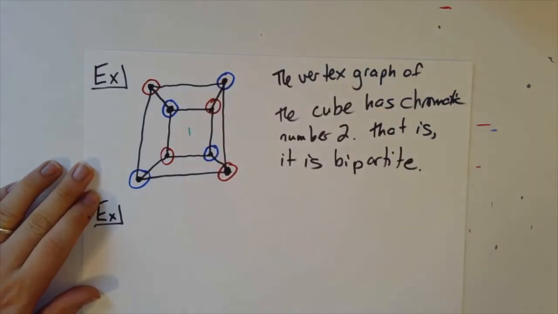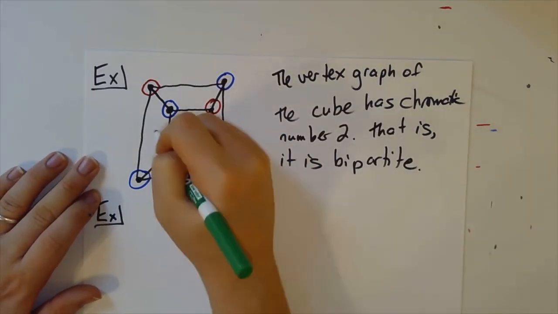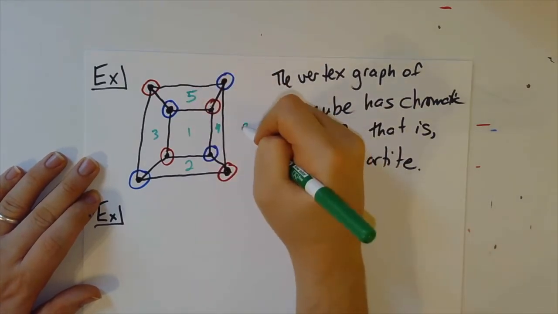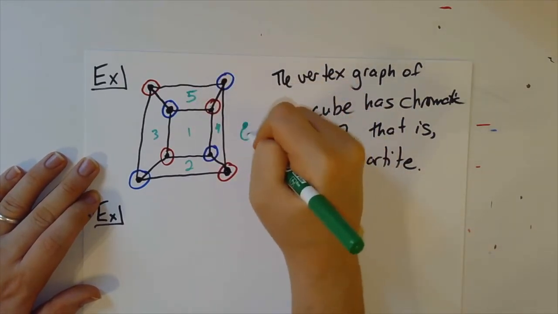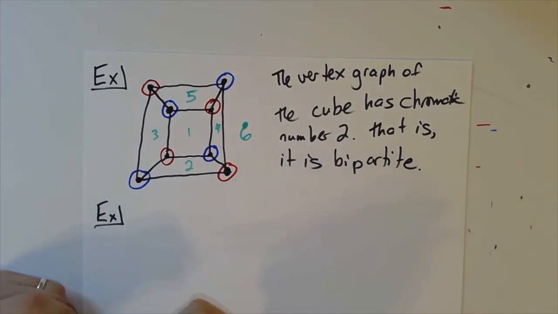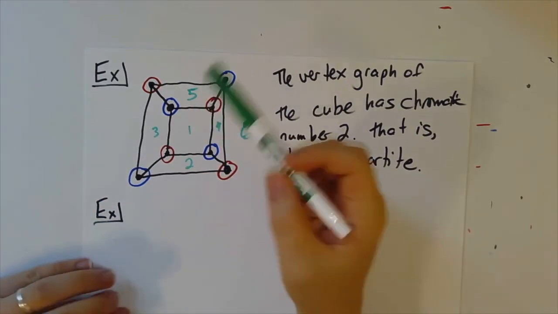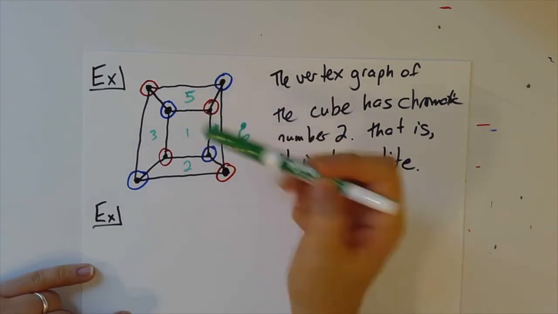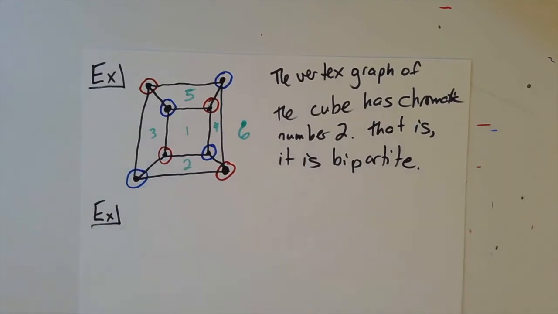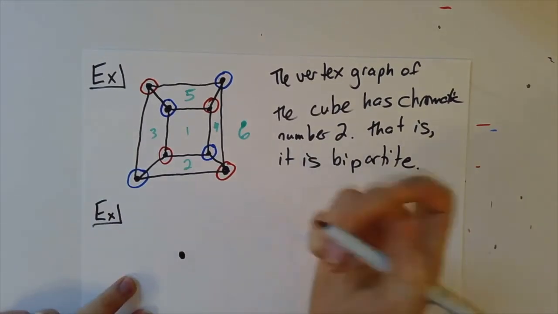So I'll call this 1, 2, 3, 4, 5, and then let's not forget that the outside is one of our 6 faces of the cube. And so what I'm saying here is 1 is adjacent to 5 and to 3 and to 4 and to 2, for example.